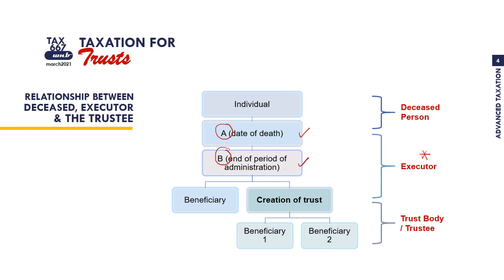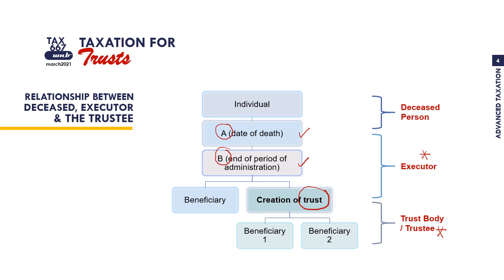There are situations whereby the executors, when they distribute the residue of income to the beneficiaries, decide to create a trust. So when there is a creation of trust, the chargeable person who is responsible to manage all the affairs with regard to the trust body, we call it a trustee here.